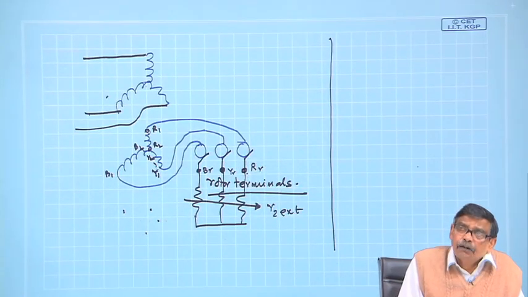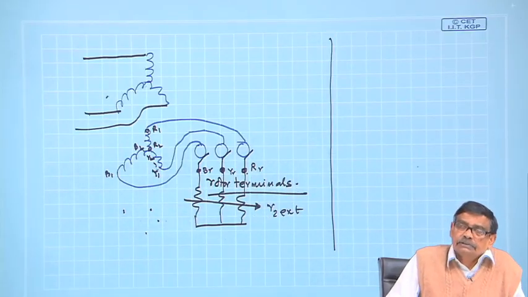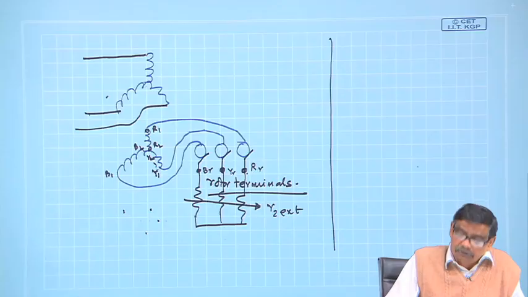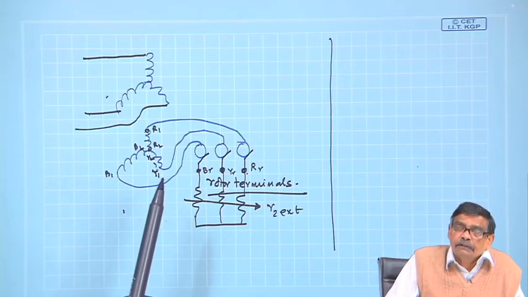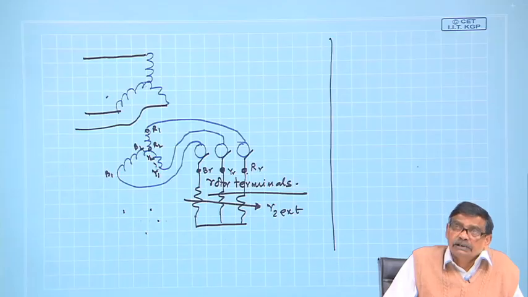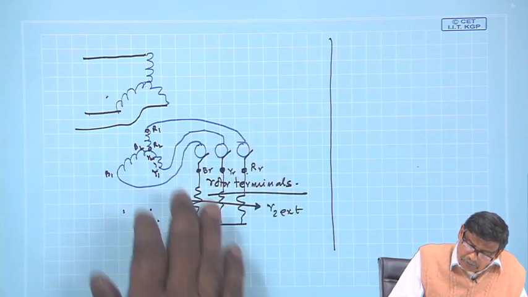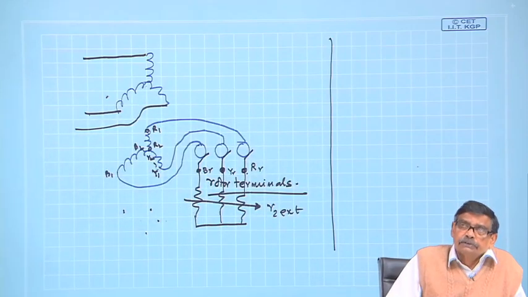So, there is a maintenance problem; you have to regularly maintain the slip ring type 3-phase induction motor, otherwise the performance of the machine will suffer. This is called the slip ring induction motor.